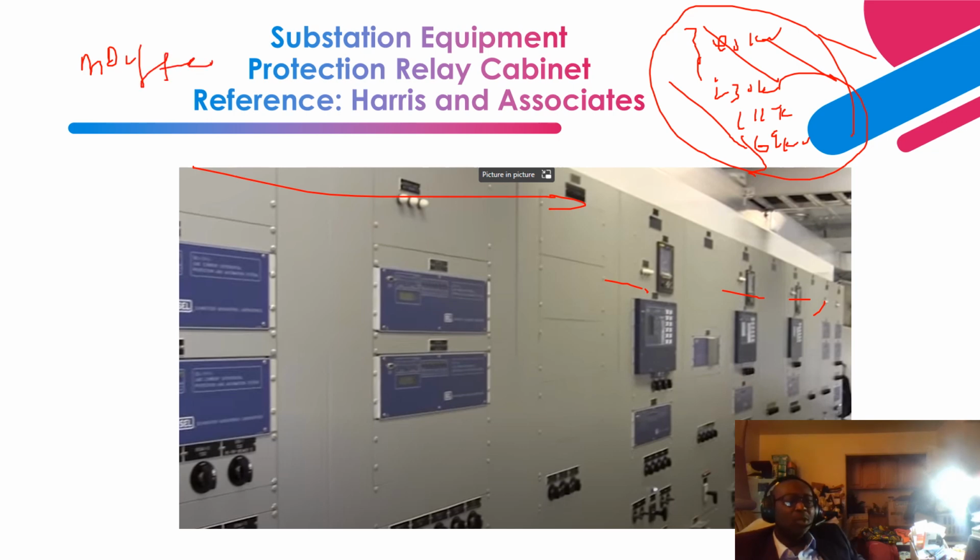You can have a differential protection as the main and the backup. It's more of a reliability and resiliency matter for the power system network. So you can have an 87L main and 87L backup, primary or secondary.